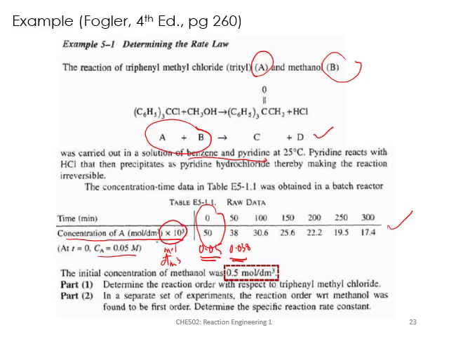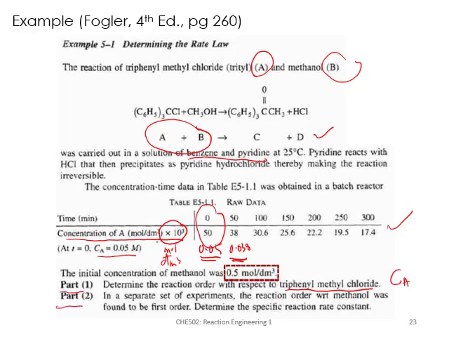Given here also, the initial concentration of methanol is 0.5 mole per decimeter cubed. Part 1: determine the reaction order with respect to triphenyl methyl chloride, with respect to CA only, not CB, CA only.